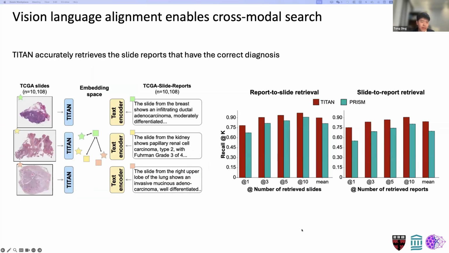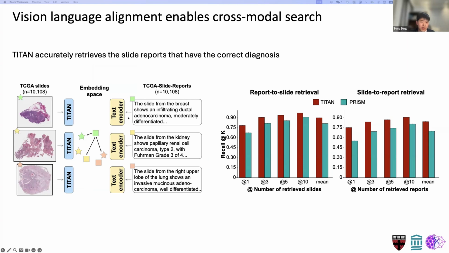And further to that, the vision language alignment also enables cross-modal search, where we use the TCGA slide level reports and the TCGA slides to perform this cross-modal search.